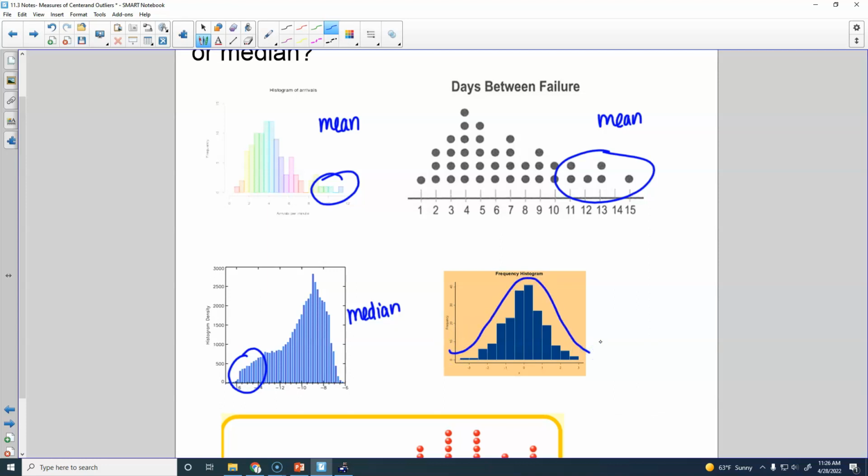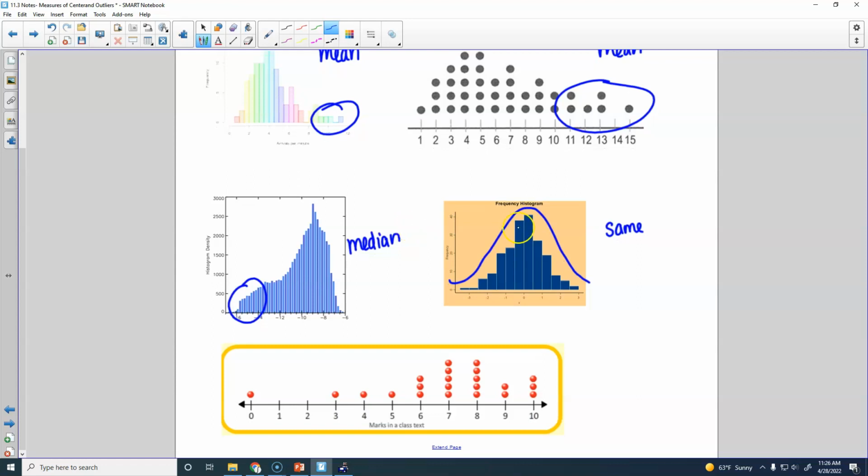And so this one's thrown in kind of as a trick. I would say they're about the same here. Whenever we did that first problem with the neighborhood, and our mean and median were exactly the same, it was because our data was really regular, right? We had a few in the middle, we had a few lower houses, a few higher houses. Yes. Normal distributions are really important when you get into higher level statistics.